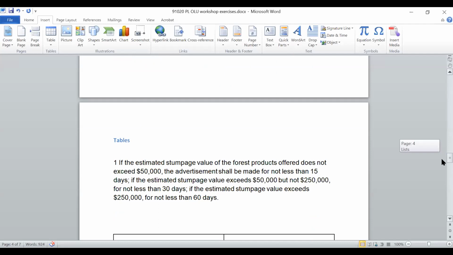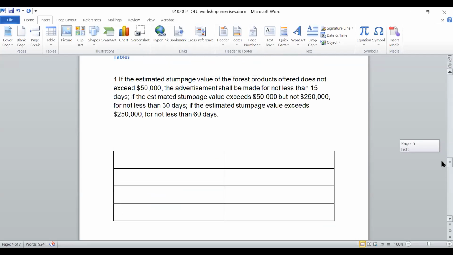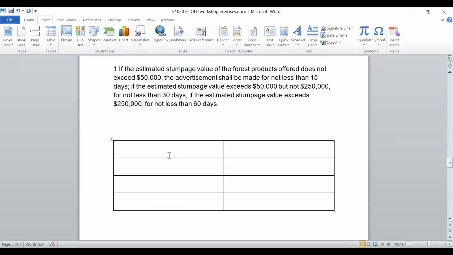I wanted to do one table, at least. And if you have other questions, we'll just use the remainder of the time for that. But this is the information we have. This is actually confusing to follow. So it's really helpful to be able to say, like, estimated stumpage value, and then number of days the ad has to run.